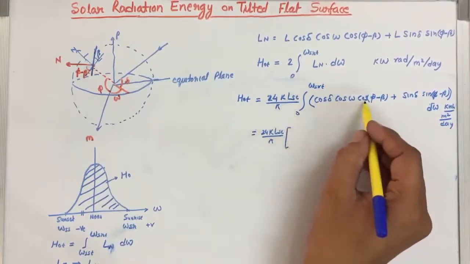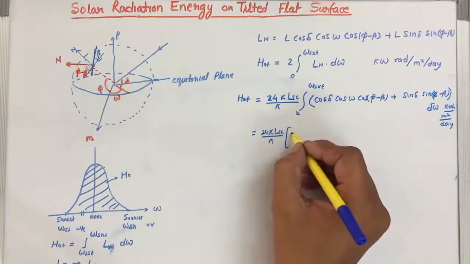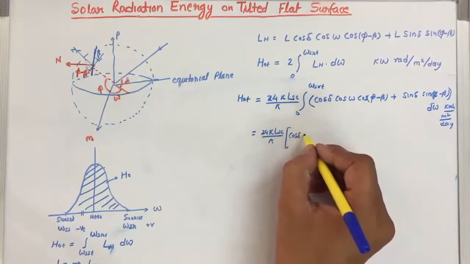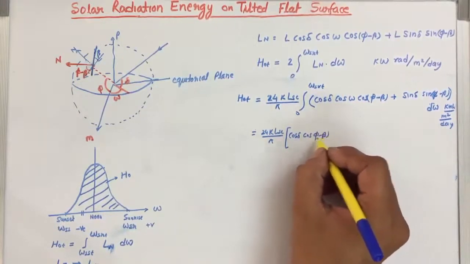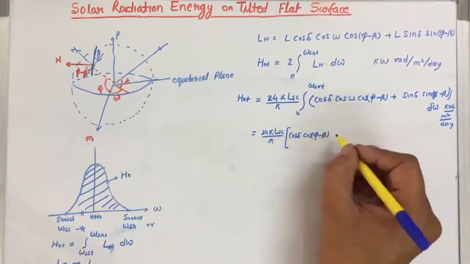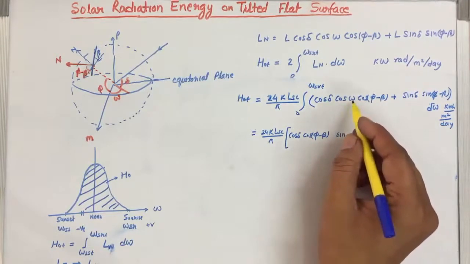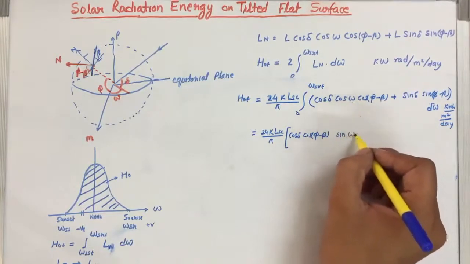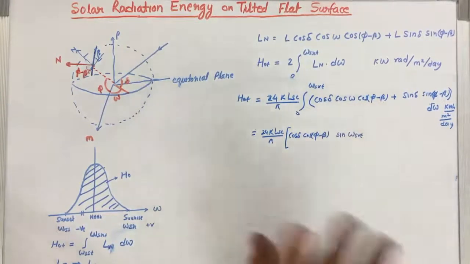These are independent from the hour angle, so we can say cos delta cos phi minus beta, and here the integration will be sin omega SRT minus sin 0, which will be 1 minus 0.